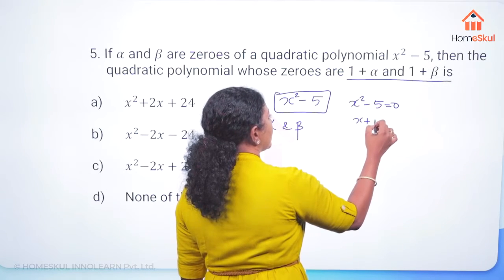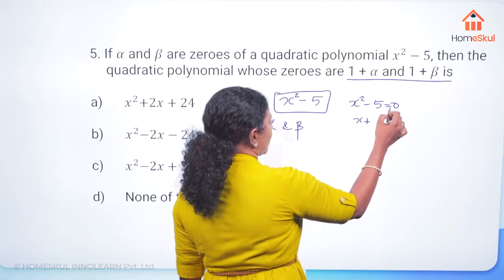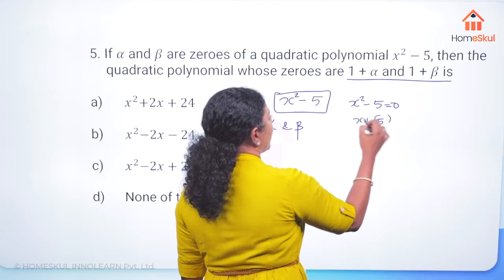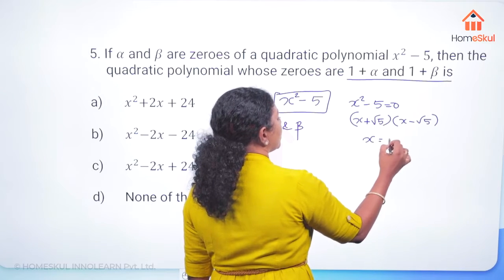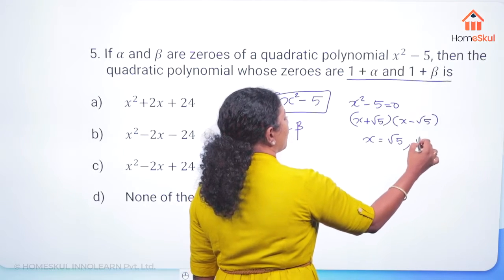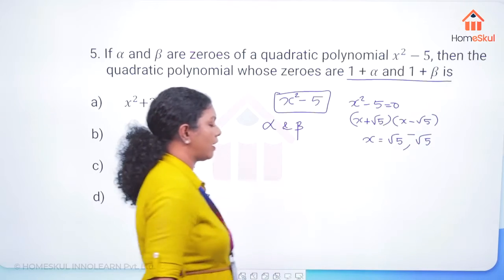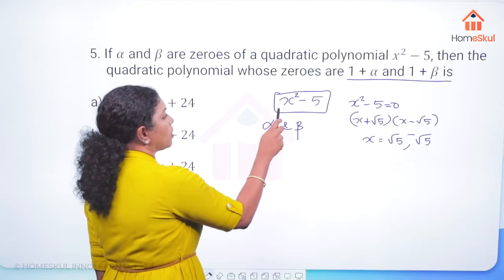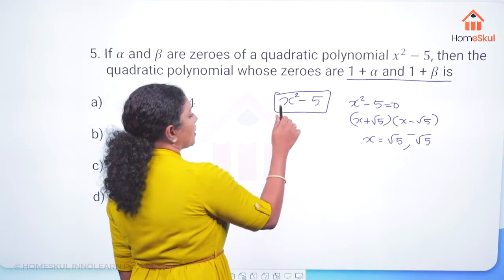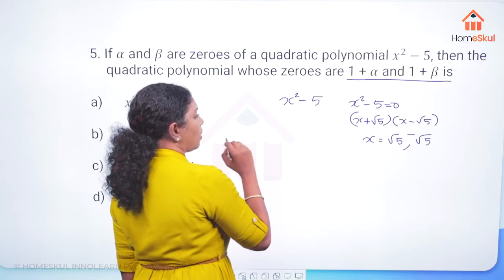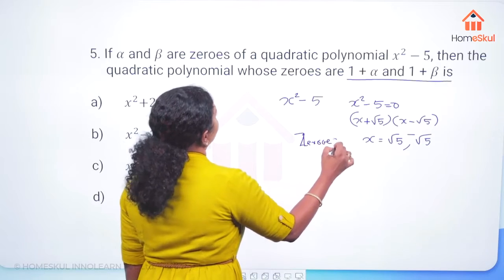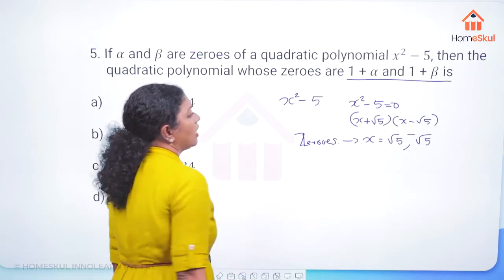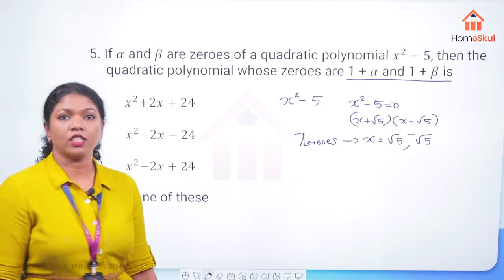This is a square minus b square form, right? So x plus root 5 into x minus root 5. So the values of x can be plus root 5 and minus root 5. When you substitute those values for x here, x square minus 5 will become 0. That means the zeros are root 5 and minus root 5.